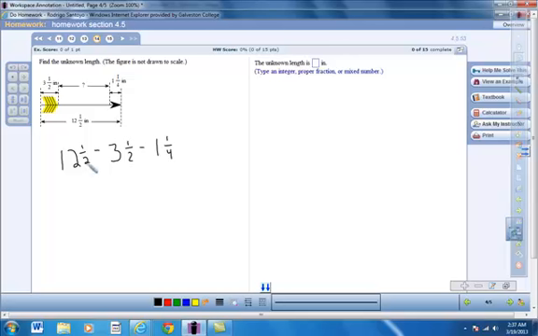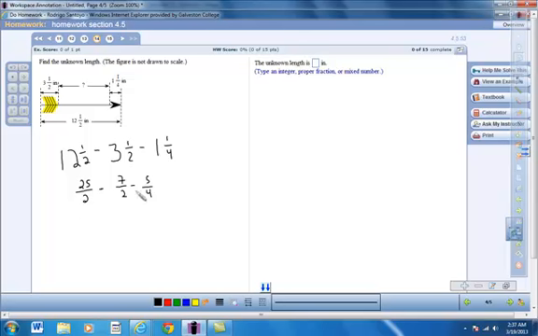12 times 2 is 24. 24 plus 1 is 25 over 2. Bring down the minus sign. 3 times 2 is 6. 6 plus 1 is 7 over 2. 1 times 4 is 4. 4 plus 1 is 5 over 4.